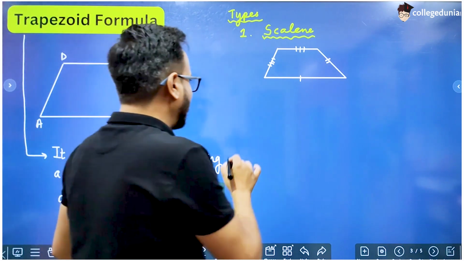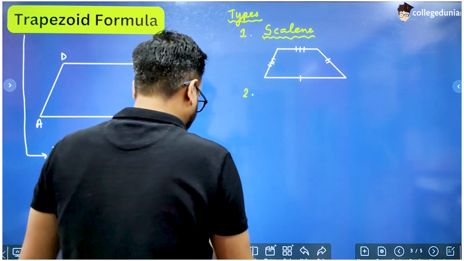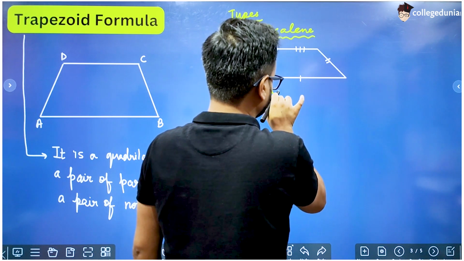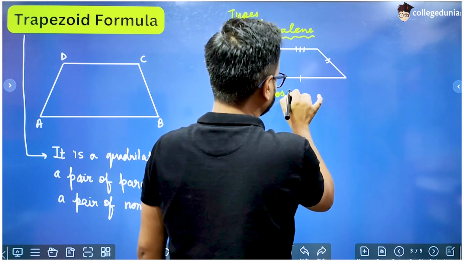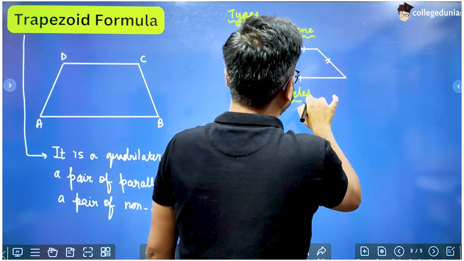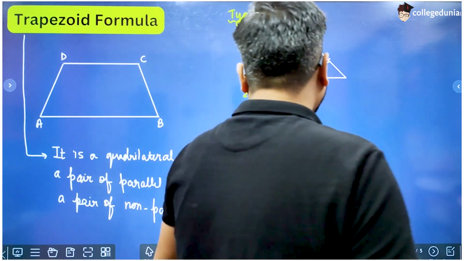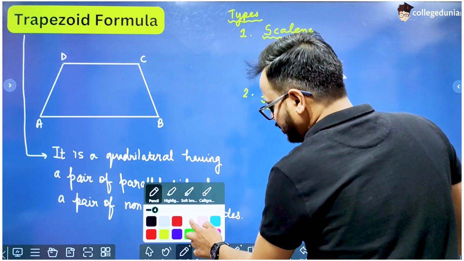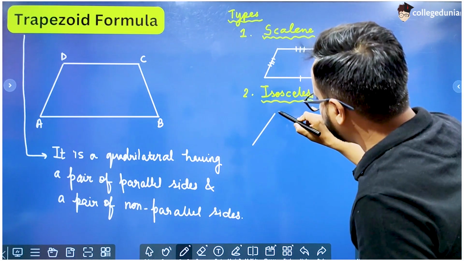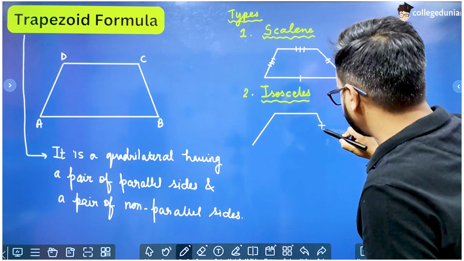The second one is the isosceles trapezoid. Isosceles means the length of the two non-parallel sides will be the same. The length of two non-parallel sides, that is this side and, I'll just draw it, this side.